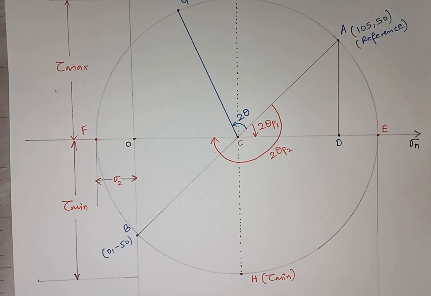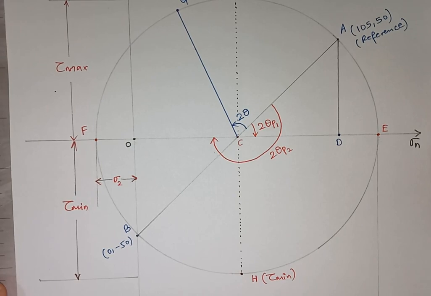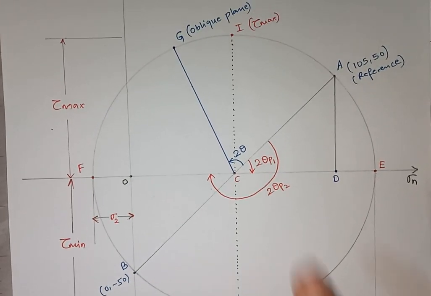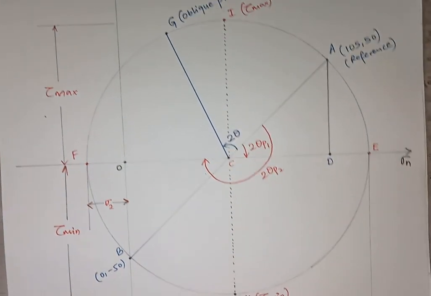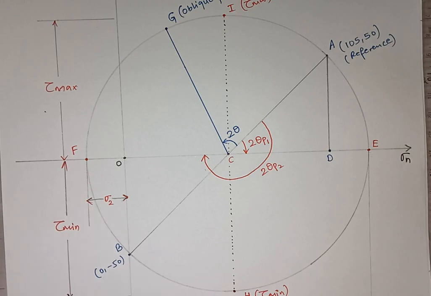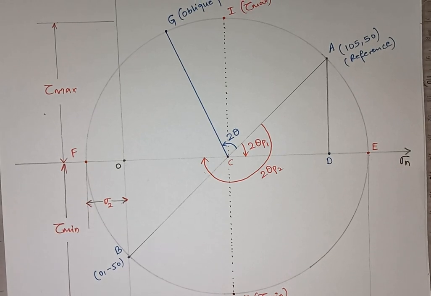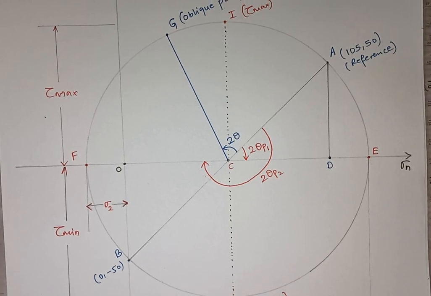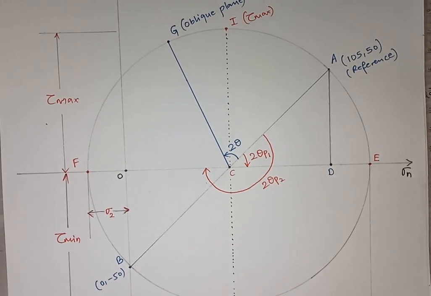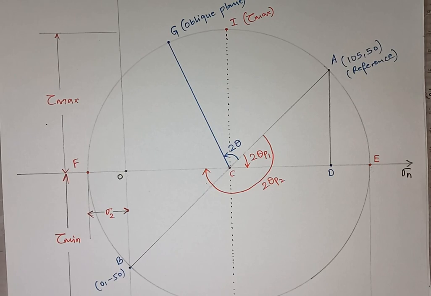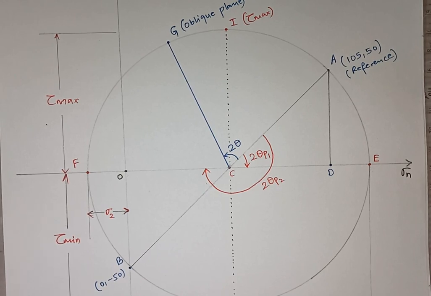Now once I have located the maximum and minimum shear stresses, right, I showed you which is maximum and which is minimum. Positive value is maximum, same side negative value is minimum. I need to locate these with respect to my reference plane. So how are we going to do that? I'll be using a different ink, just to avoid confusion.